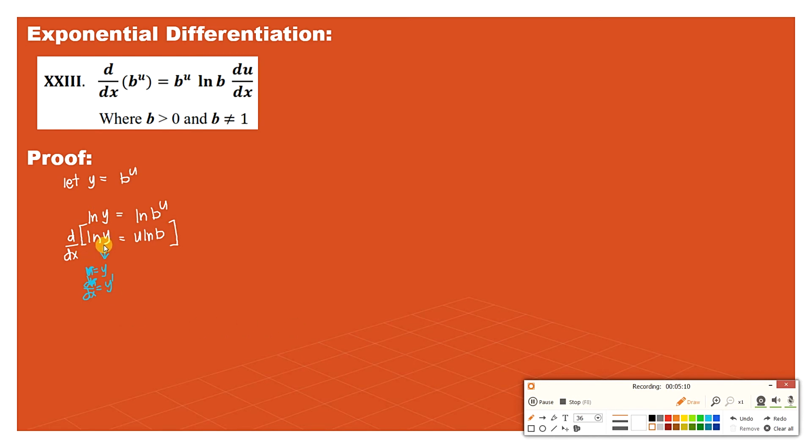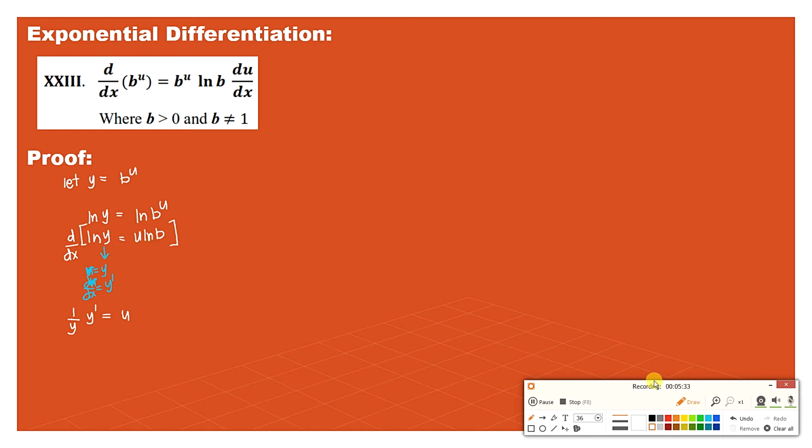So, let y, ln of y, getting the derivative, we have 1 over y, dr over dx, yun si y prime. Tapos ito naman, u, product ng variable and constant, ln b, diba?